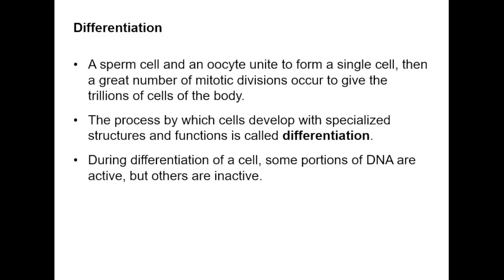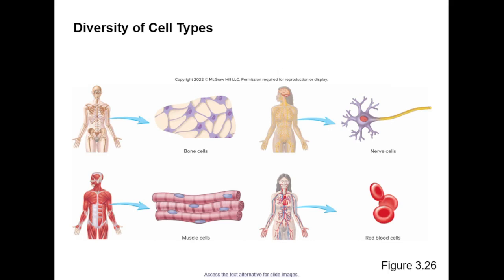They will all have their own function. And that maturity and the formation of a specialized function is called differentiation. So during differentiation, some portions of the DNA become active and others become inactive so that a specific function will be activated. So some cells will again become your bone cells, nervous cells or brain cells, muscle cells, and red blood cells. So that's what happens in differentiation.